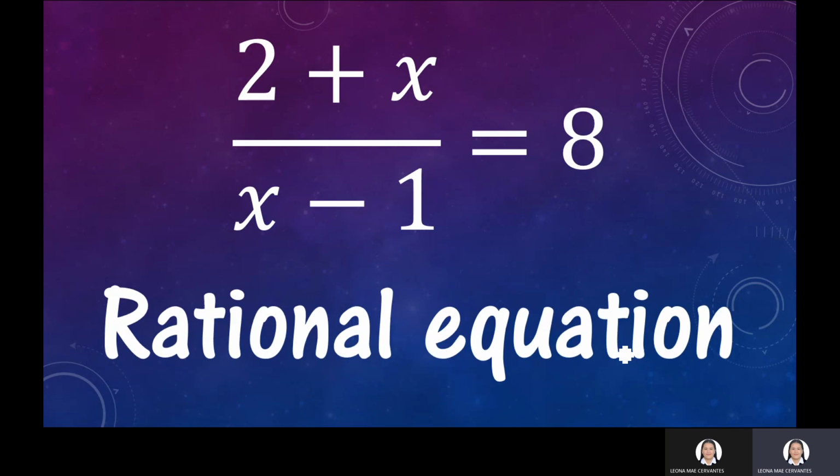Okay, correct answer: rational equation. 2 plus x over x minus 1 equals 8 is a rational equation.